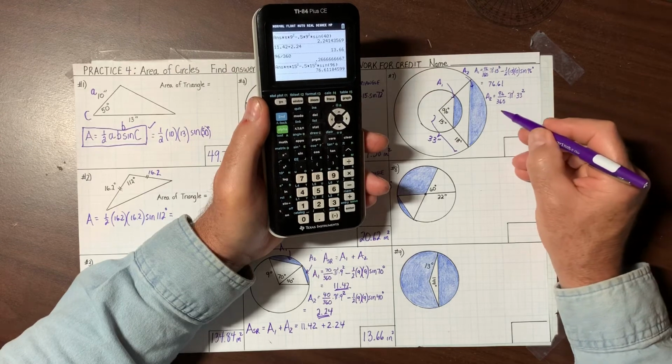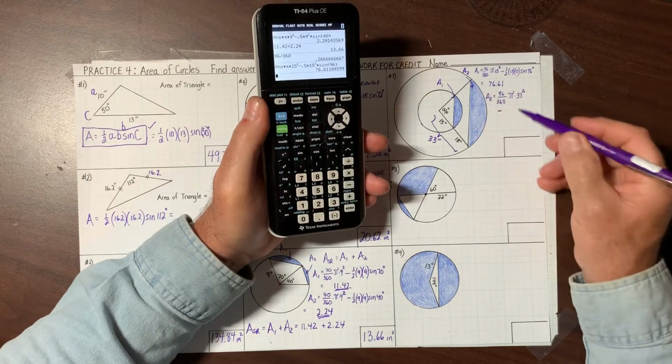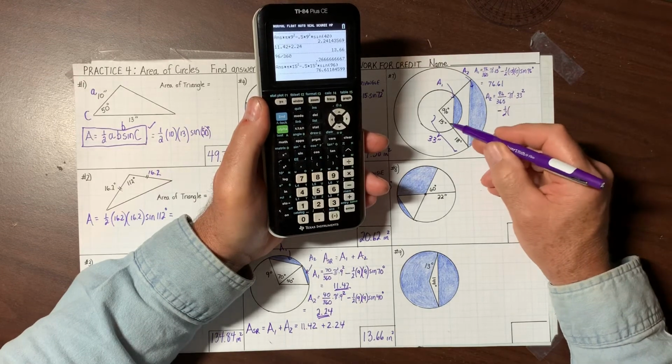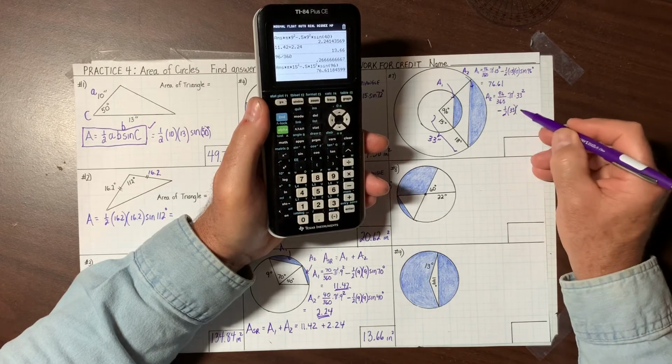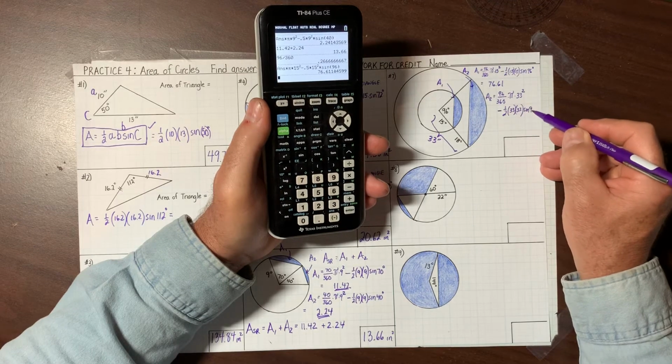Then I need to subtract the area of this triangle. So it's going to be 1/2 times 33 times 33 times the sine of 96 degrees.